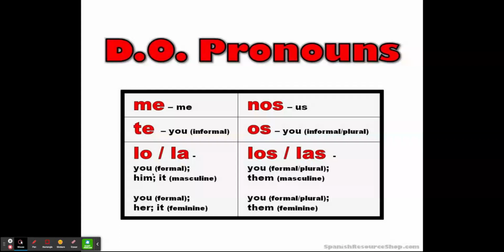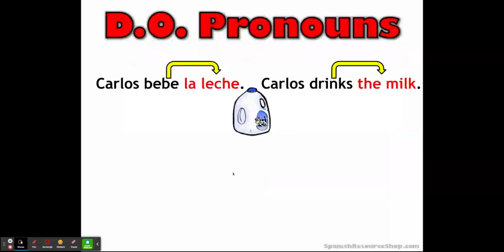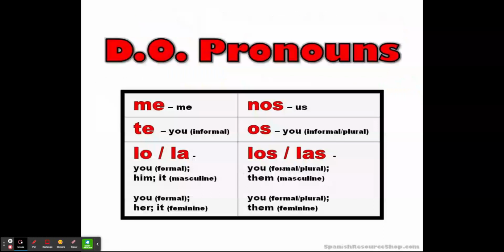Let's move on. The plural equivalent of lo and la is los and las. If you're talking about them as a group, la profesora ayuda a ellos, then you are going to replace a ellos with los. The same, la profesora ayuda a ellas, then you replace a ellas with las.